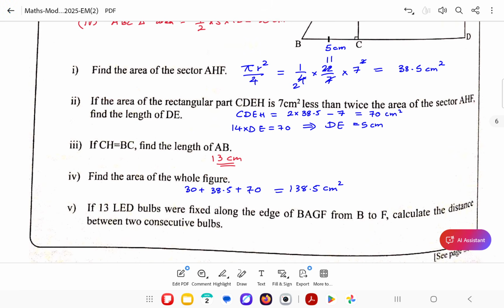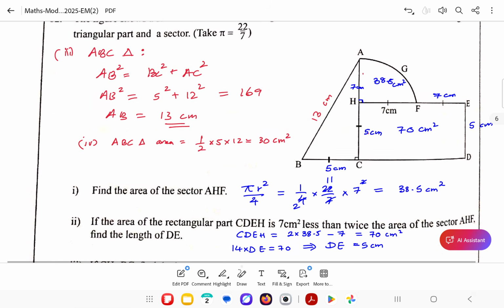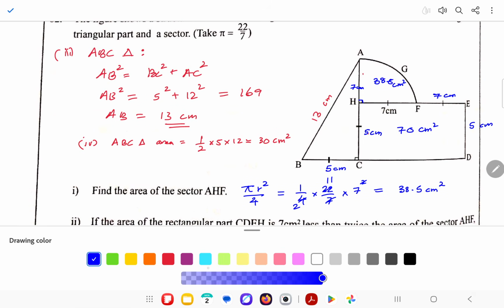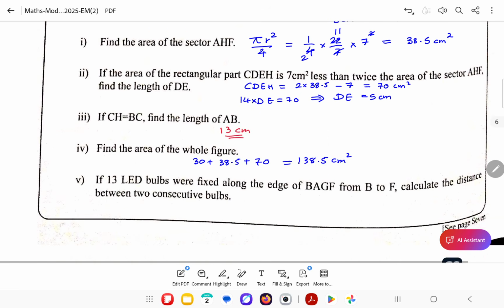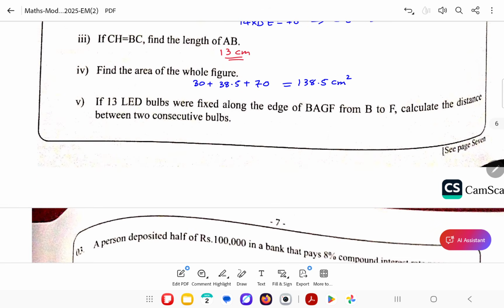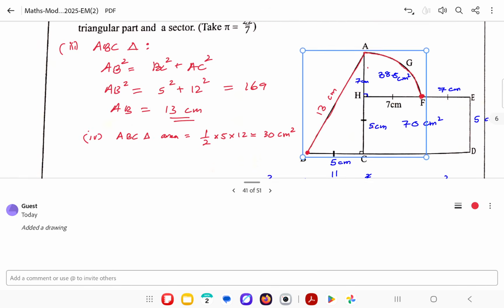Then the last part, if 13 LED bulbs were fixed along edge of BAGF, so the LED bulbs are fixed along here BAGF. One is fixed at B and one is fixed at F. Calculate the distance between two consecutive bulbs.